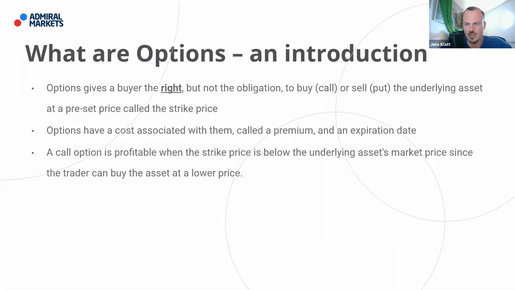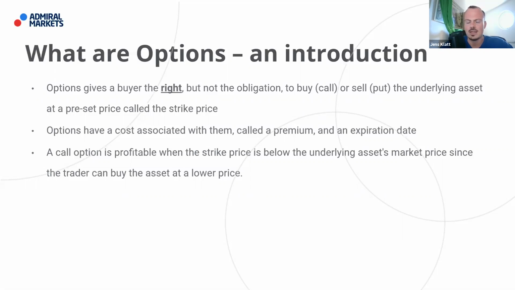So a call option is profitable when the strike price is below the underlying asset's market price, since the trader then can buy the asset at a lower price. Is it right? Is it when the strike is below the underlying? Yeah, sure, it's below. You will see this in a graphic then, in fact.